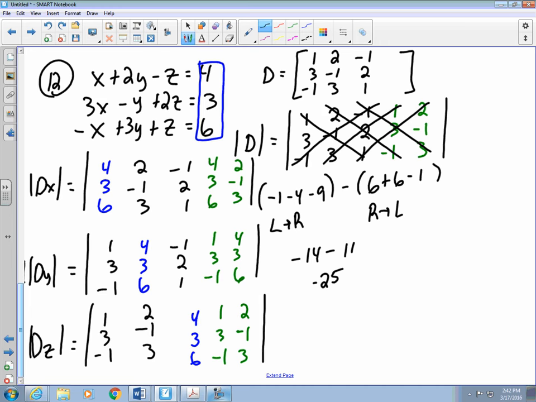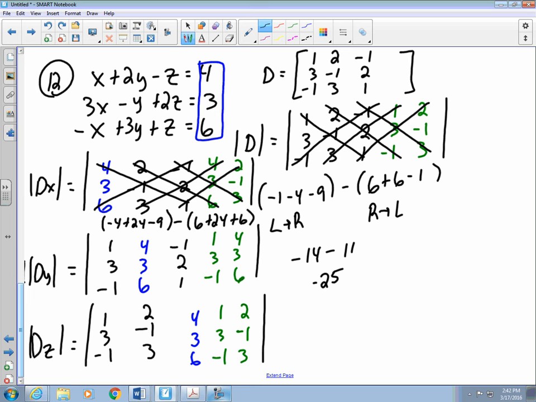All right, so left to right, 4 times negative 1 times 1 is negative 4. 2 times 2 times 6 is 24. Negative 1 times 3 times 3 is negative 9. This way, 1 times 3 times 2, 3 times 2 times 4, 6 times negative 1 times negative 1.